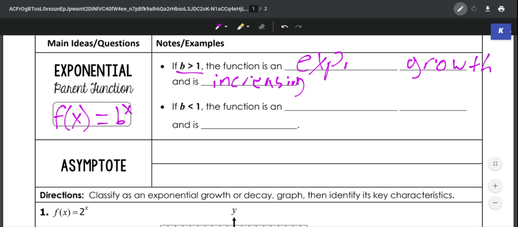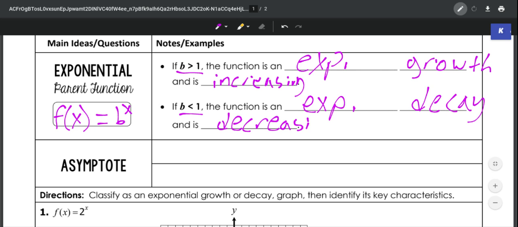And then the opposite of that is if that b is less than 1, then it's still going to be an exponential function, but now it's going to be an exponential decay. And it's going to be decreasing. So decay, decreasing.